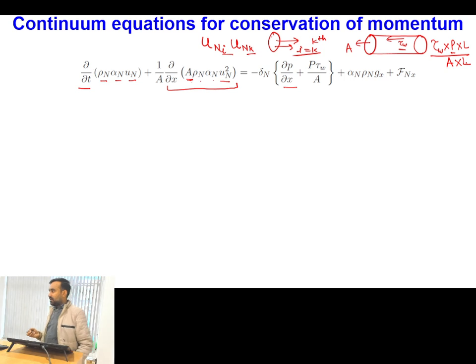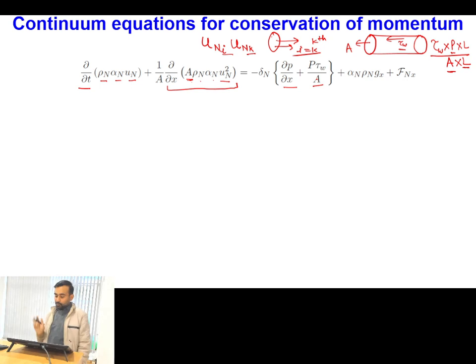So in order to make volume in the denominator, this cross-sectional area has to be multiplied with length. Length will cancel out, and inside I will get perimeter into tau w divided by A. Please clearly note the difference: for pressure I am using the symbol small p, and capital P over here is for perimeter.